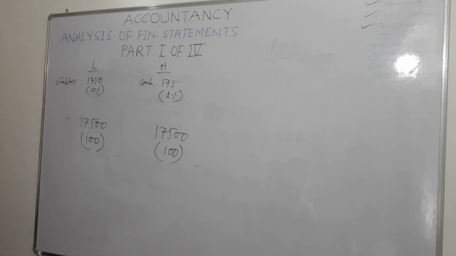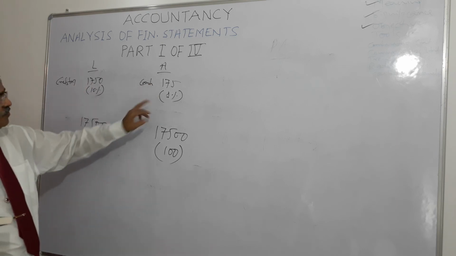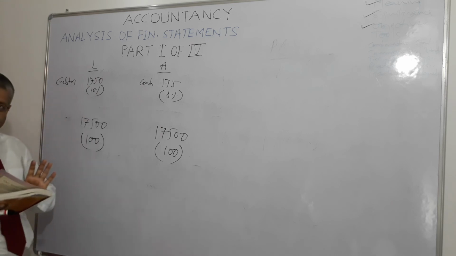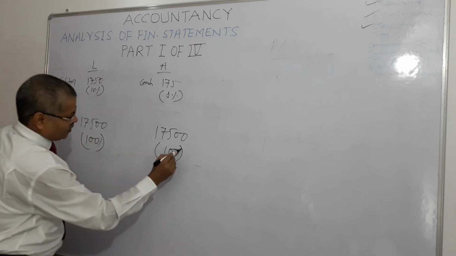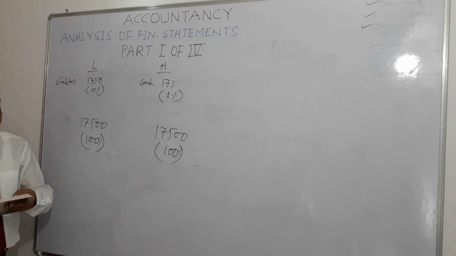Right? So this is called the size of the balance sheet or the size of the revenue we treat as 100, and all other items of the balance sheet or profit and loss we treat as a percentage of this. So if creditors is 1750, we write 10%. If cash is 175, we write 1%. Right? Common size.